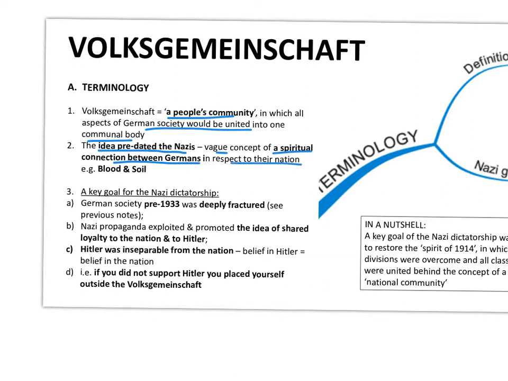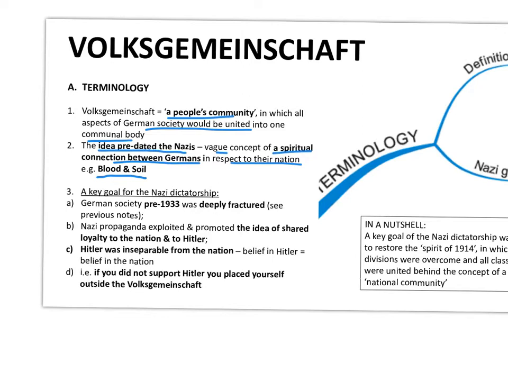So nothing new. Often the literature of the people's community phrased it as a unique connection between the blood of the people and the soil, the land that they existed on. It's what we call Blut und Boden, blood and soil ideology.